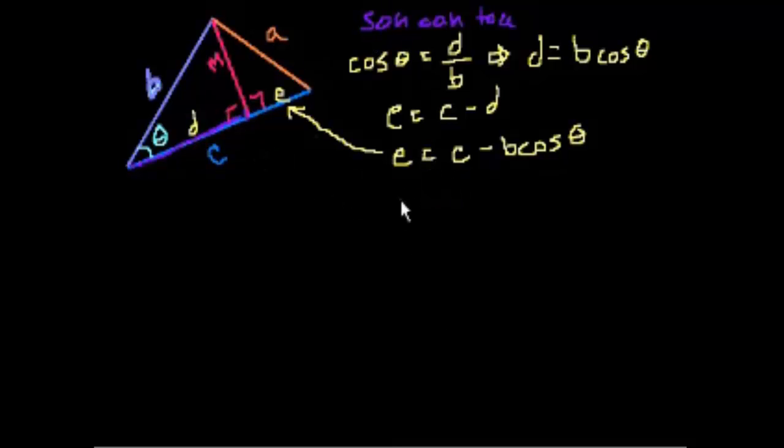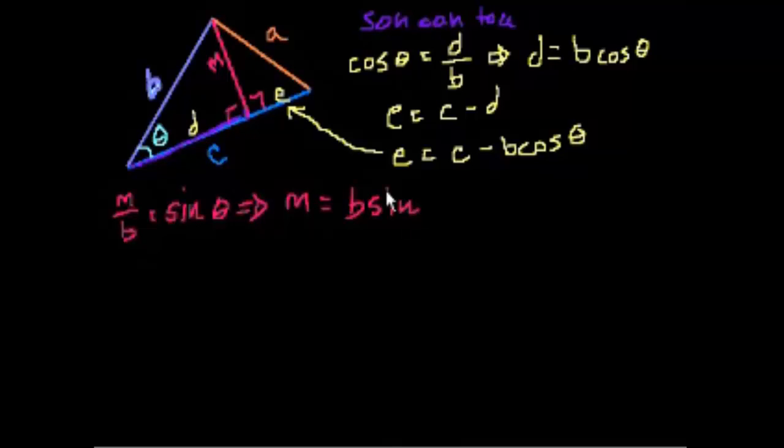So we know that M over B is equal to sine of theta, because B is the hypotenuse, or that M is equal to B sine of theta, right?